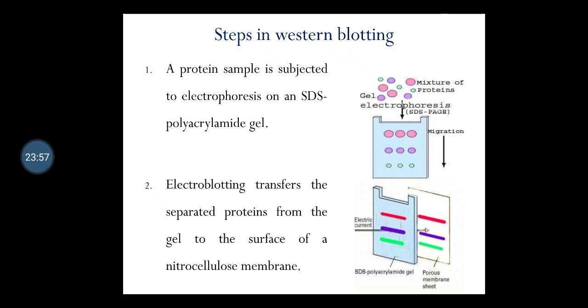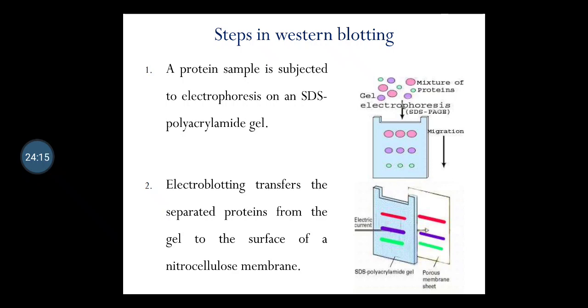The very first step is that the protein sample is subjected to electrophoresis on an SDS polyacrylamide gel to get the desired fragment of your protein on the basis of size and shape.